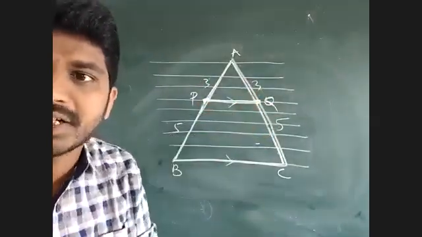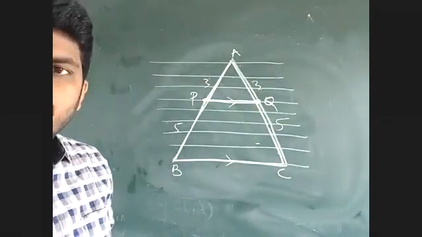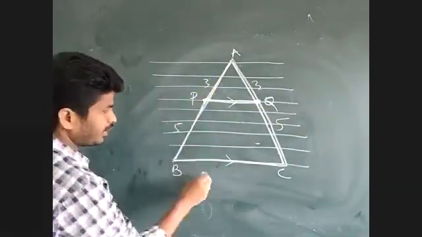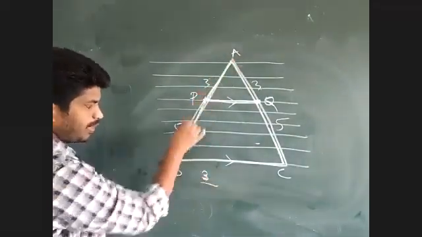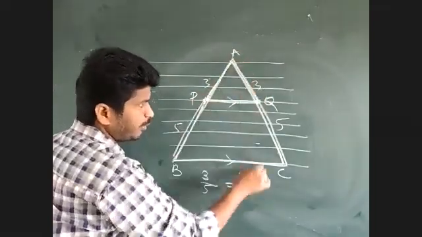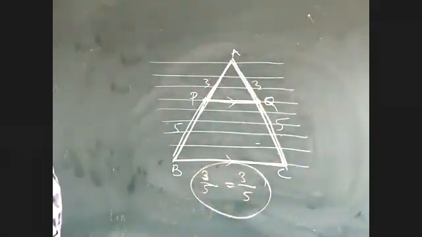Both are the same or not? Same, sir. AP equal to 3 by PB equal to 5, and AQ 3 by QC 5. 3 by 5 equals 3 by 5.